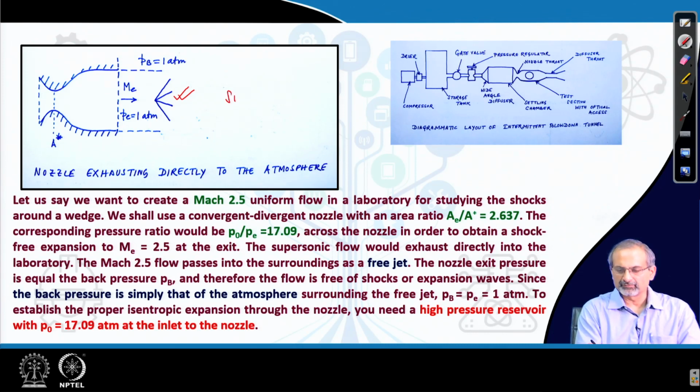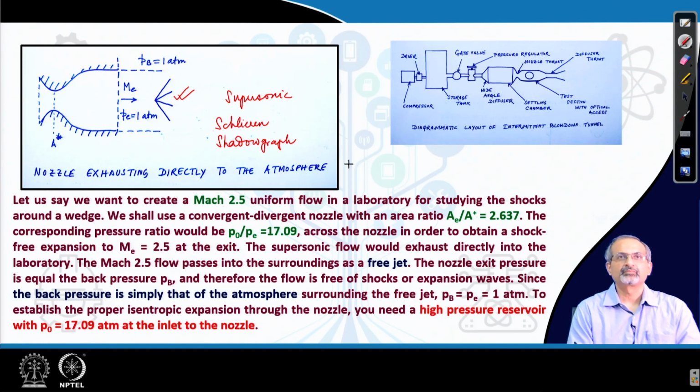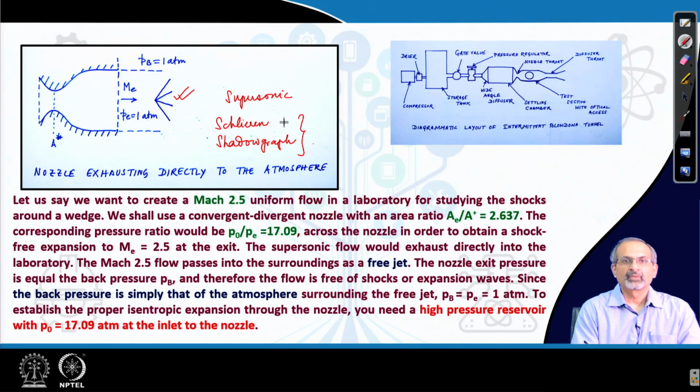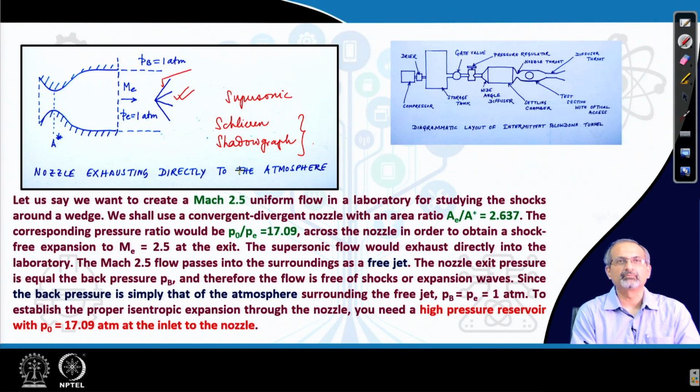So, we need a supersonic flow in order to see that shock, and as I mentioned earlier, there are different optical techniques like Schlieren and shadowgraph techniques, which we will discuss later when we discuss flow visualization, where we can visualize wave patterns formed in compressible flow by using optical means. So, hopefully, once we deploy those methods, we will be able to see this shock, but how can we get this supersonic flow at all?